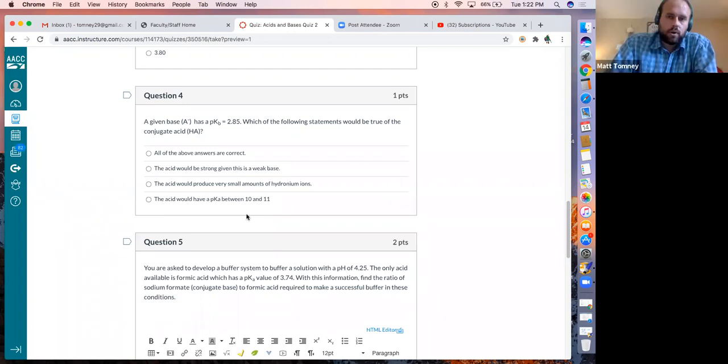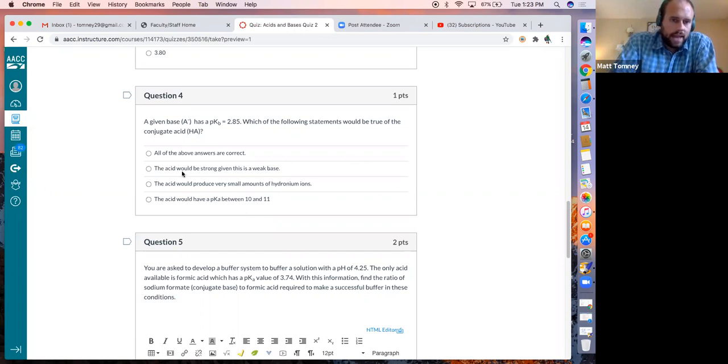Now you have to remember we're in the p scale. That means it flips from the Ka and Kb scale. When you convert into pKa and pKb, smaller numbers mean stronger. Just like pH, a smaller number means a stronger acid, or more hydronium present. So if the pKb is 2.85 and the pKa is 11.15, the base is stronger than the acid.